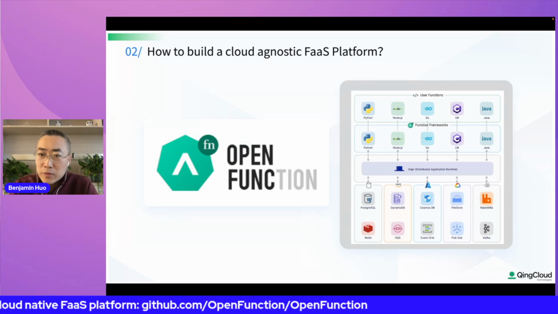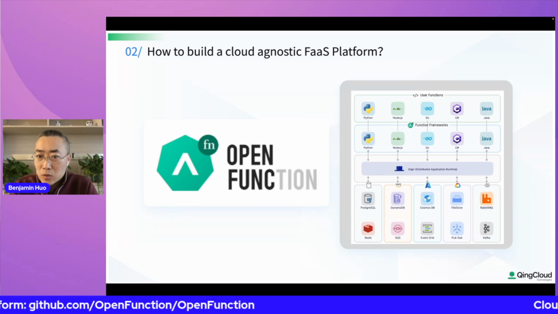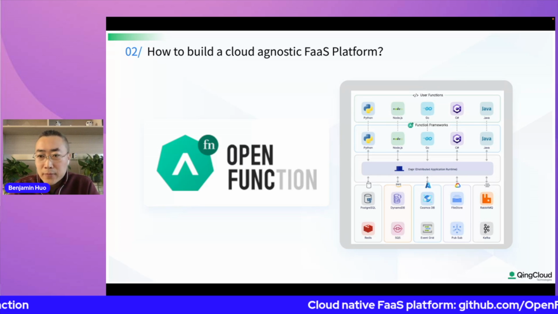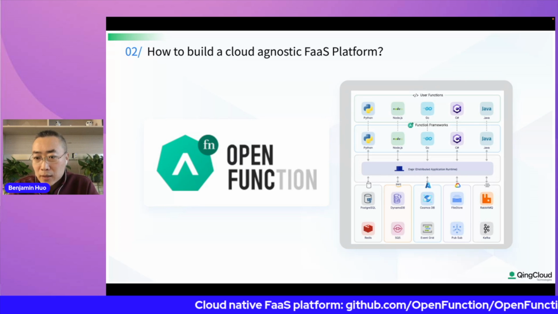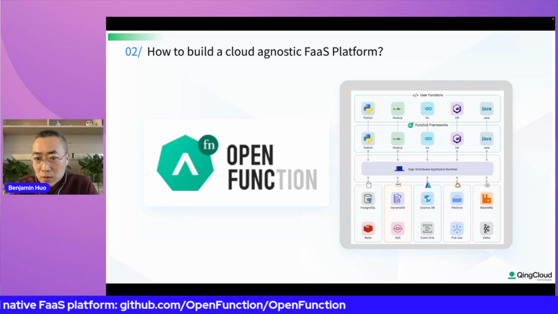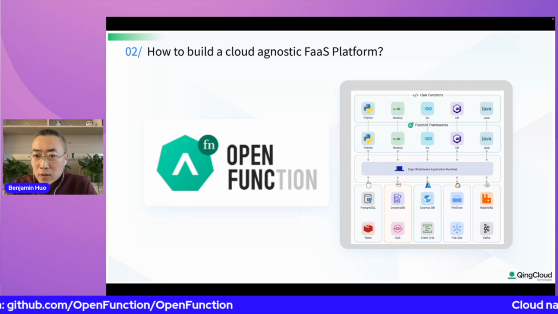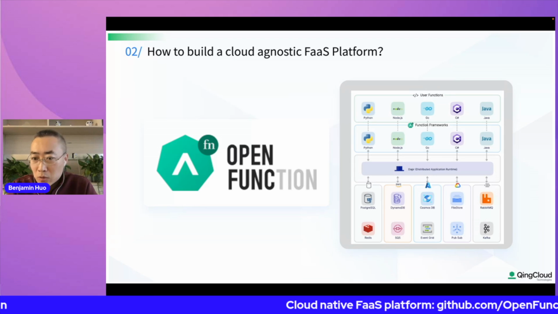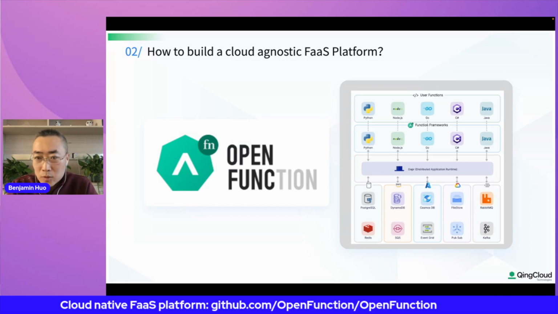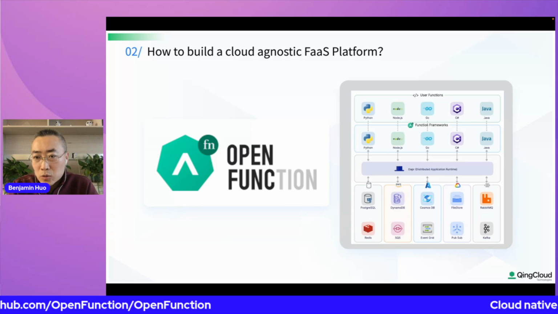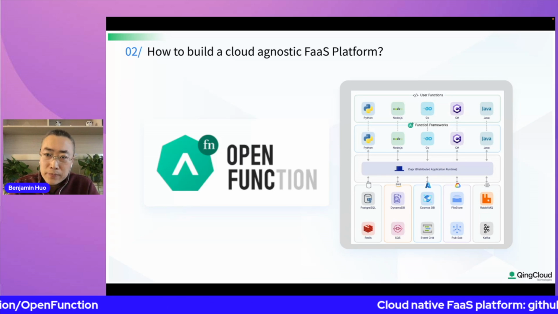This way, OpenFunction uses Dapr inside the user function to connect to backend services on several cloud platforms or open source services, right? Such as, you can use Dapr to connect to AWS MQ, Azure Event Bus, or Kafka. So it's very flexible and easy for users to write a function.